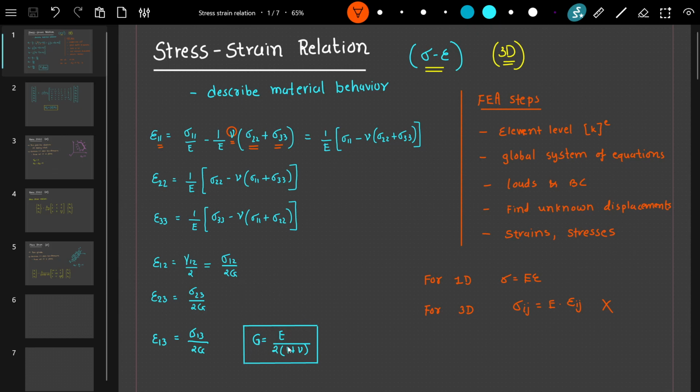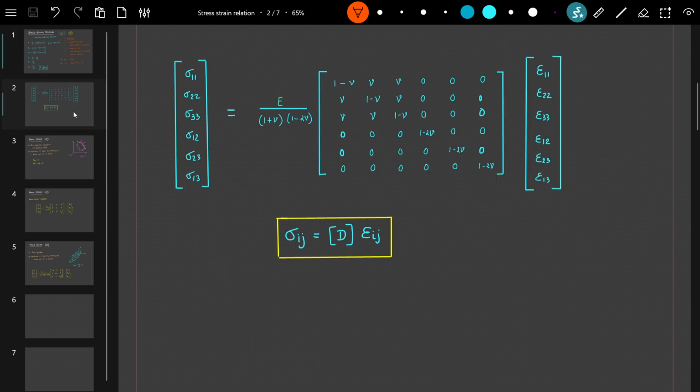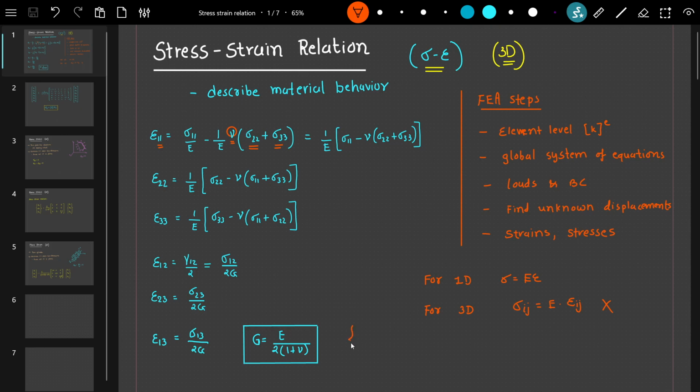So we can substitute G in terms of E here, and what we get is the epsilon vector in terms of the stress vector. From this we get all six components of strain in terms of six components of stress. In between we will have a matrix which is 6 by 6.